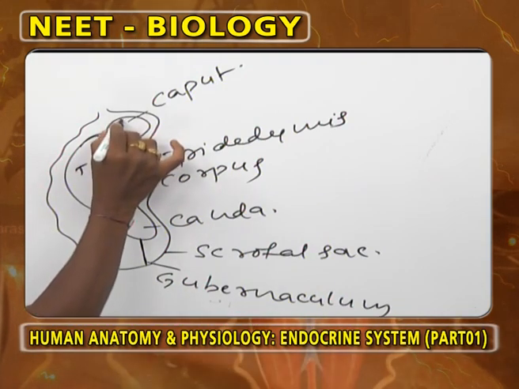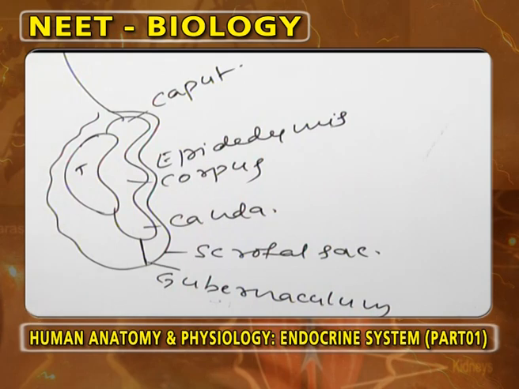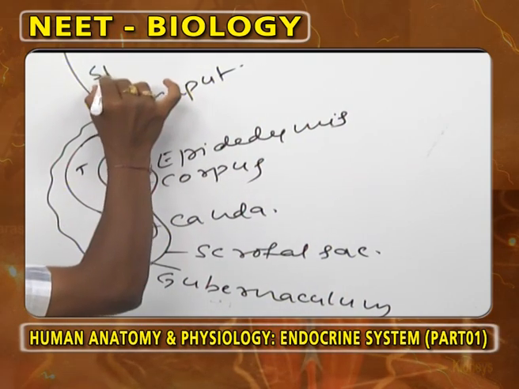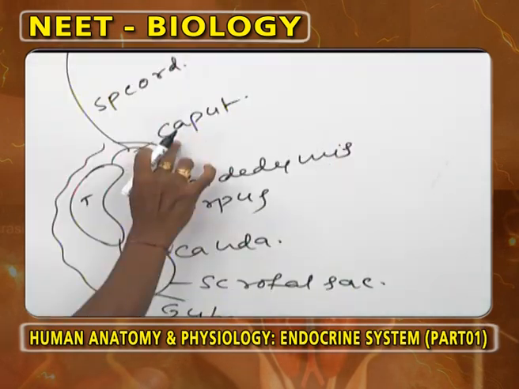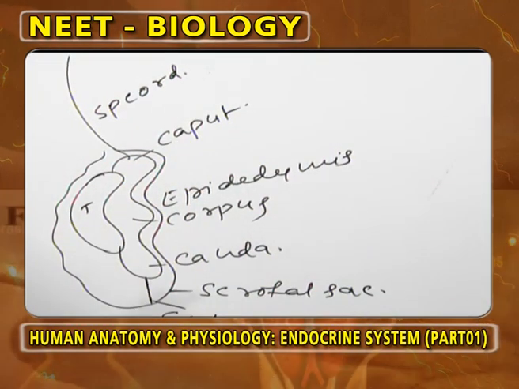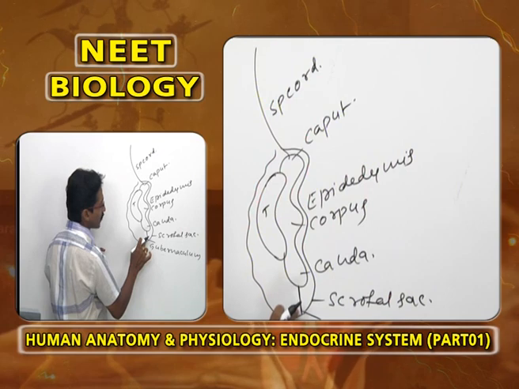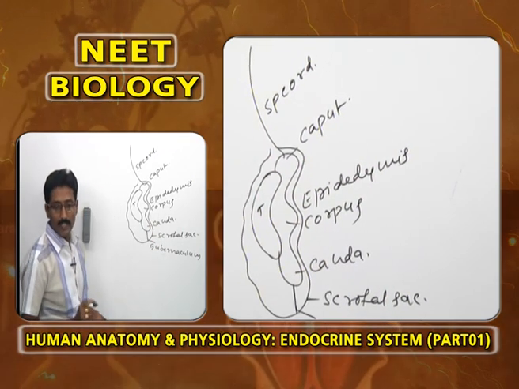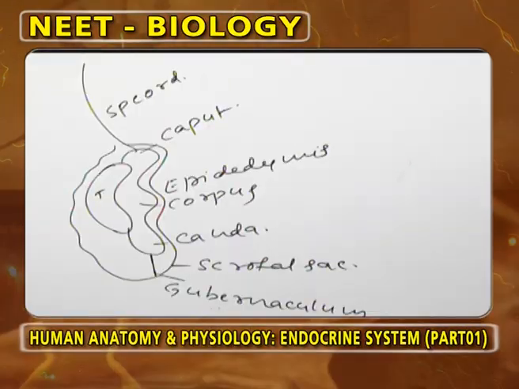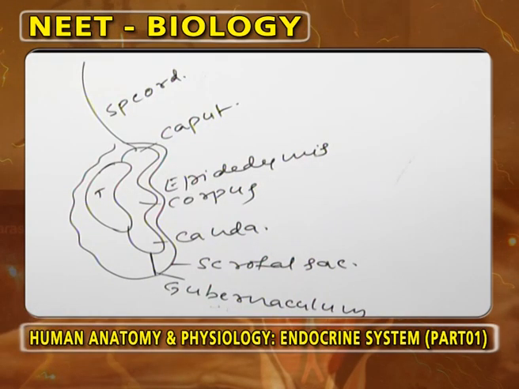The testes are posteriorly attached to the scrotal sac by the gubernaculum, and anteriorly by the spermatic cord. The spermatic cord is attached to the caput epididymis, and the gubernaculum lies between the scrotal sac and the chorda epididymis. Here the answer is gubernaculum. Now we go for the next question.